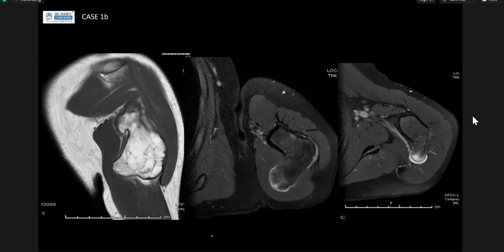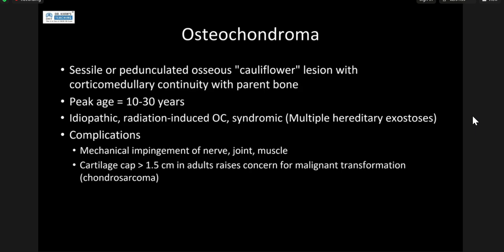Sorry, it was breaking up just towards the end, but yeah, so Osteochondroma, I know that you can't measure it, but it's not more than 1.5 centimeter. So just a little summary about osteochondromas. You can get many different types, but usually you want to see that corticomedullary continuity with the parent bone.